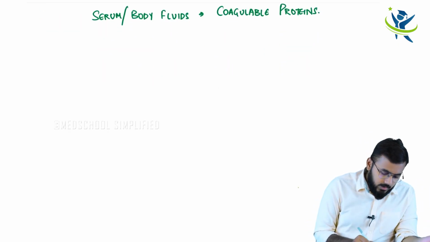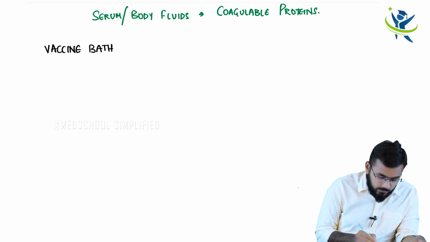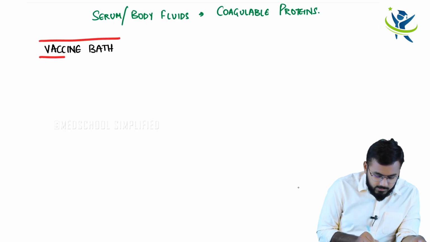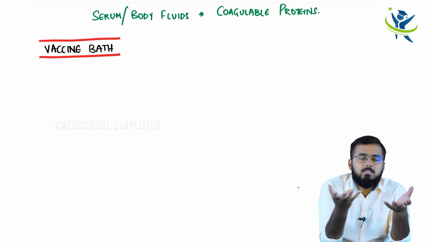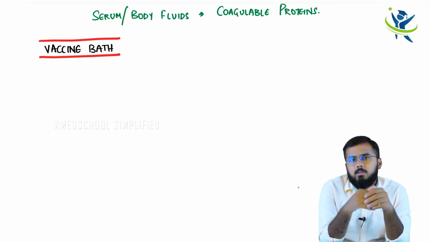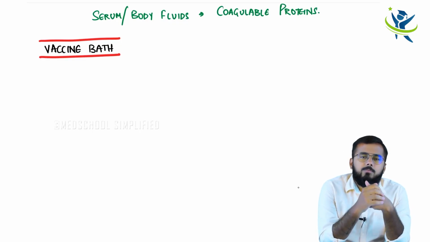And the next one is, after serum bath we have got the vaccine bath. Now what is this vaccine bath? See, what is vaccine, guys? Vaccine is nothing but you take the microorganisms, you inactivate it, right, and then inject it into the body.